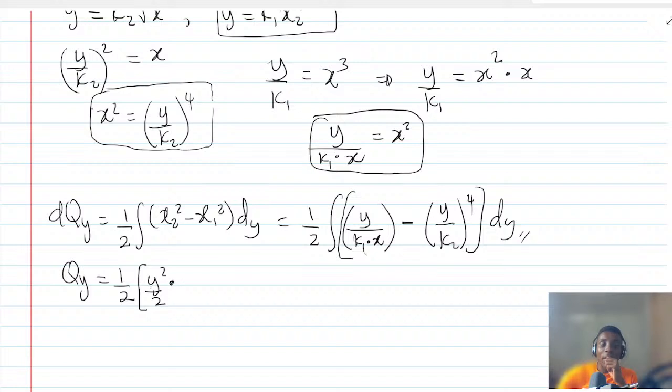And then I will multiply this with what? So let me write it well. It's going to be y squared divided by 2k1x.